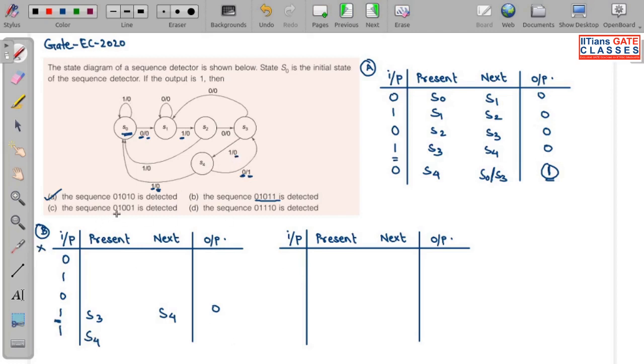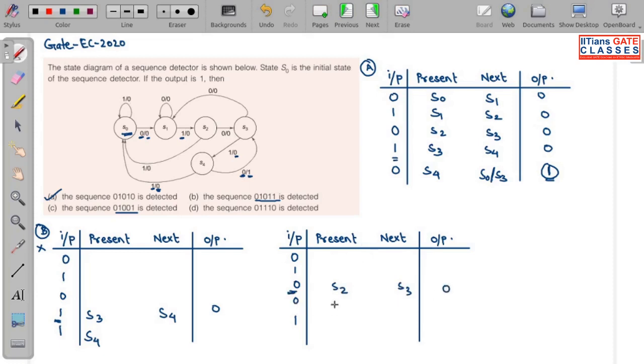Let me check option C also. You can see 0, 1, 0, 0, 1. Up to this point it is the same. So, let me write here S2, S3 and the output was 0.